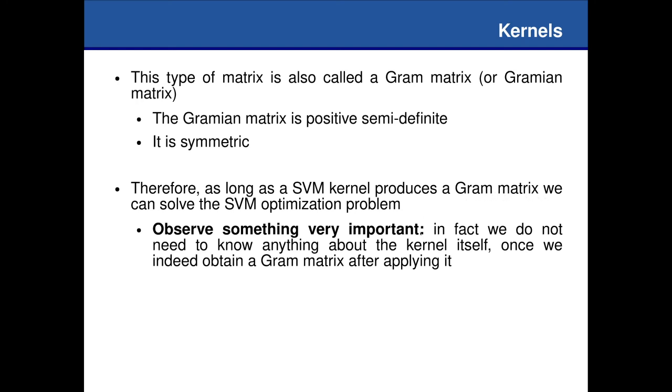Observe something very important. In fact, we do not need to know anything about the kernel itself. So we don't need to know if people use complex functions to come up with a kernel. If people use something impossible to analyze or very difficult to understand, it doesn't matter. As long as at the end we've got a Gramian matrix, we can apply it.